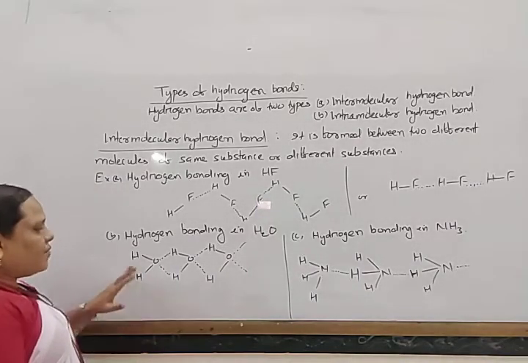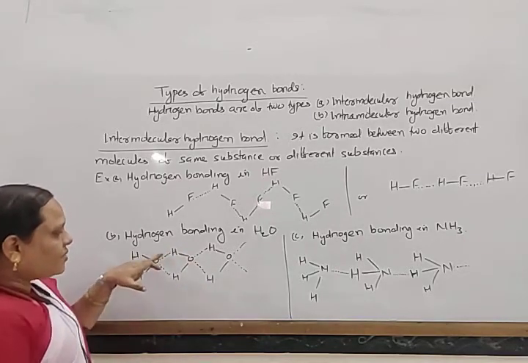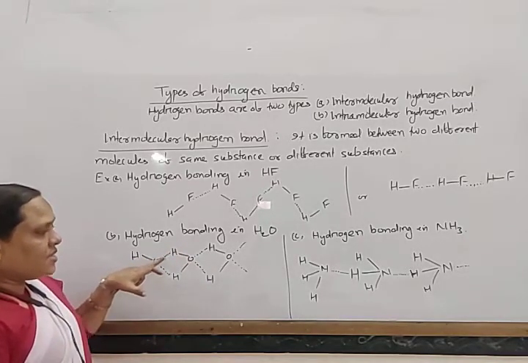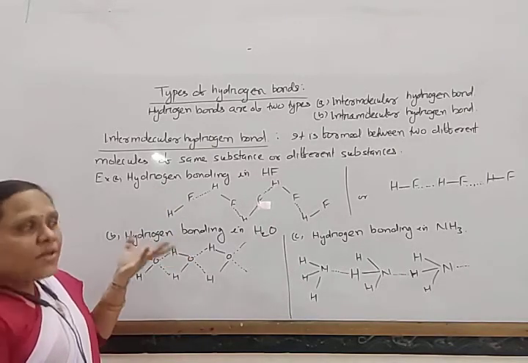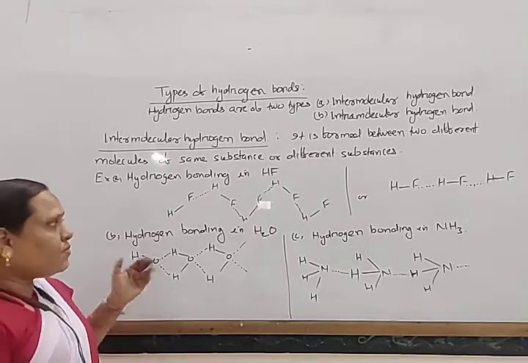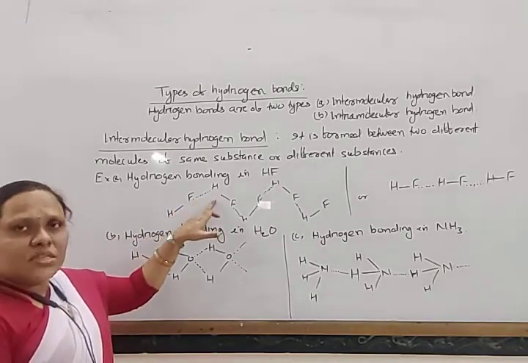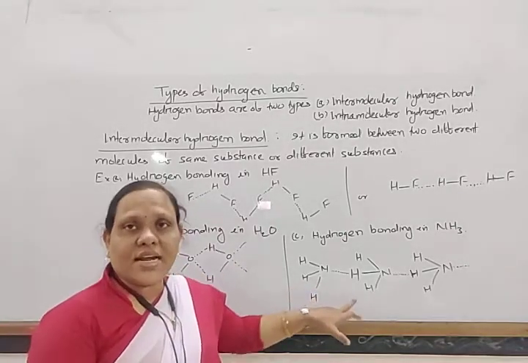Similarly, in case of water, this is one water molecule. So hydrogen bonding takes place between oxygen and hydrogen. The more the electronegativity of the atom, the more its polarization power, and the stronger is the hydrogen bond. So the HF hydrogen bond is stronger than the OH hydrogen bond, which is stronger than the NH hydrogen bond.